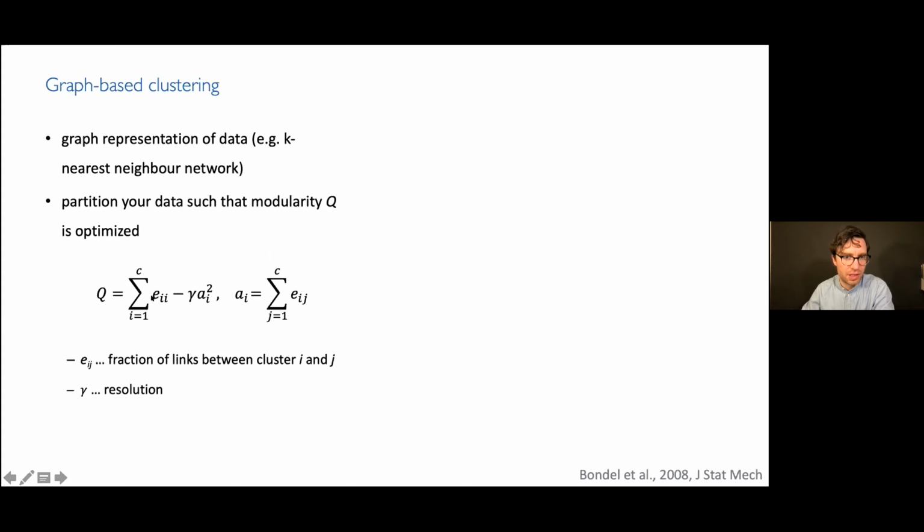And in this ai term, you have the links from i to another cluster, so links out of the cluster, and you minimize this. A cluster in this case means parts of your graph which are densely connected inside, but only sparsely connected to the outside.